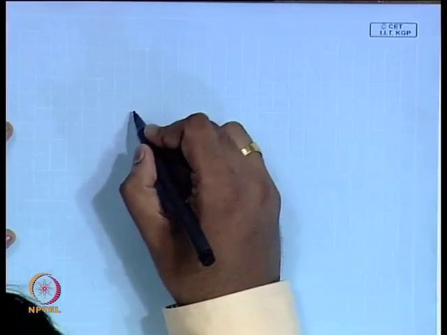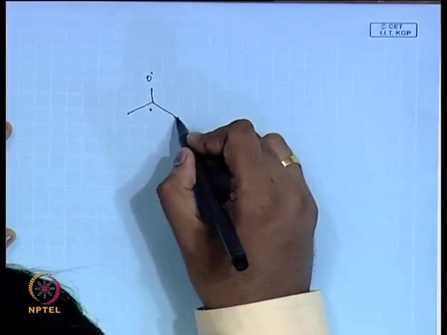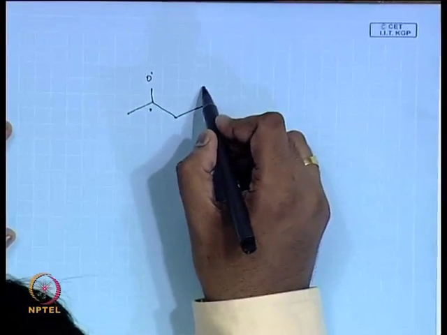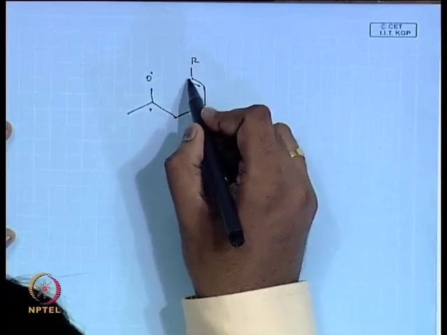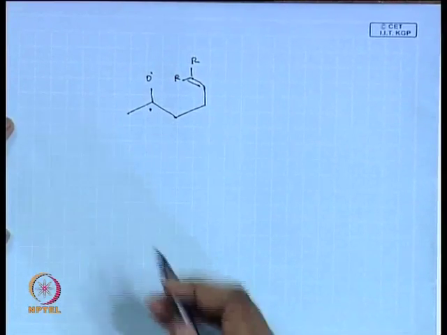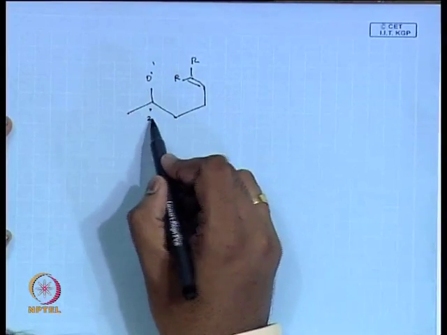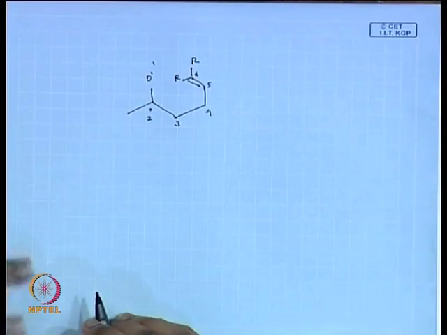So, can we think about the reactions then? If I am getting a radical like this, I can redraw it. So, I can number 1, 2, 3, 4, 5, 6.